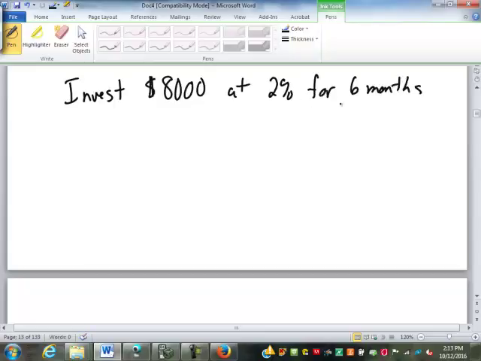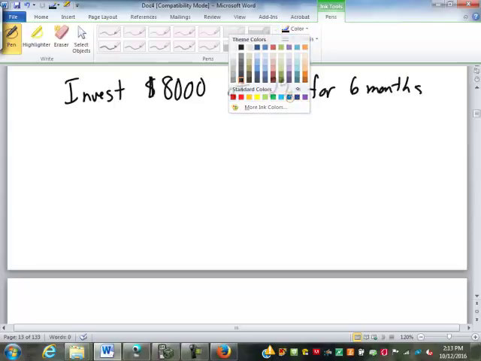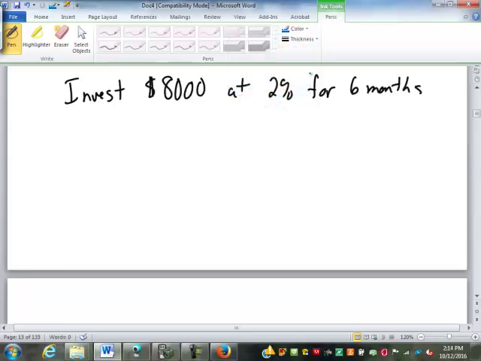Now, I don't say 2% simple interest, but we're assuming it's simple interest. Let's figure out now this time, rather than just finding the interest, I'm just going to jump straight to let's find how much we have at the end of 6 months. How much are we going to get back at the end of 6 months? We still do have to figure out the interest first, but it's not what we're asking for here.